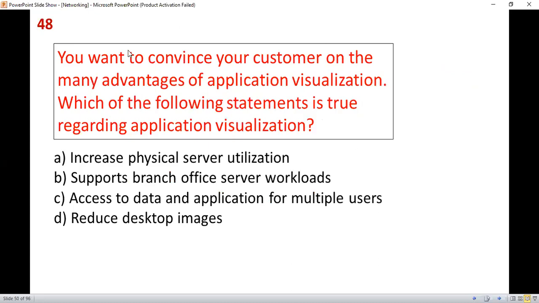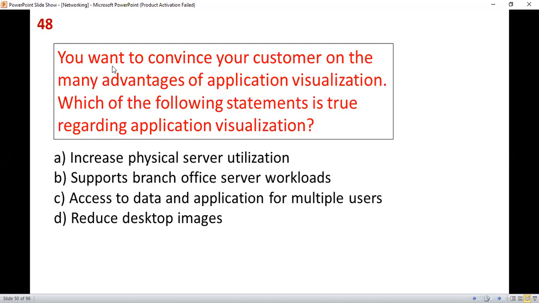Yeah. The next question, you can see here, you want to convince your customer of the many advantages of application virtualization.